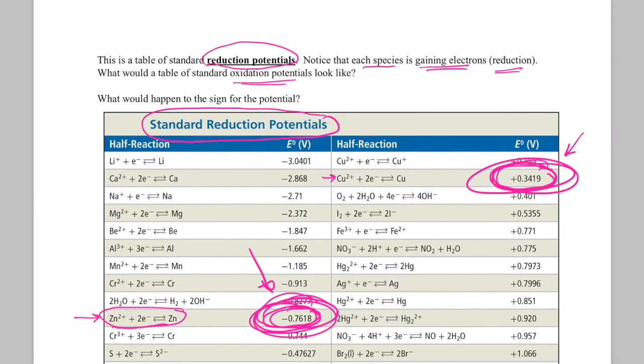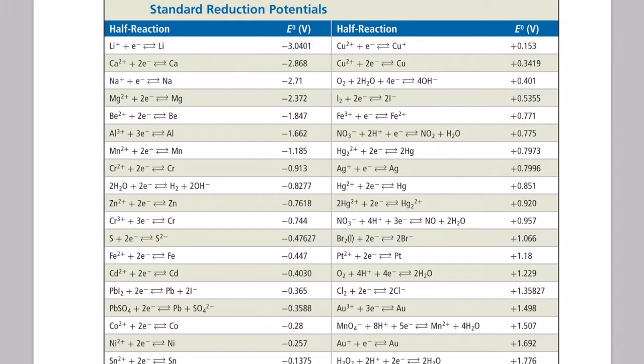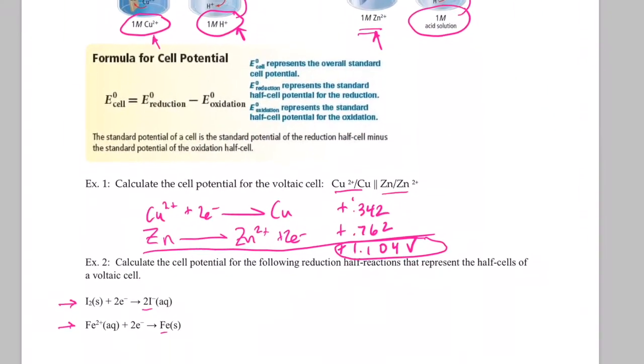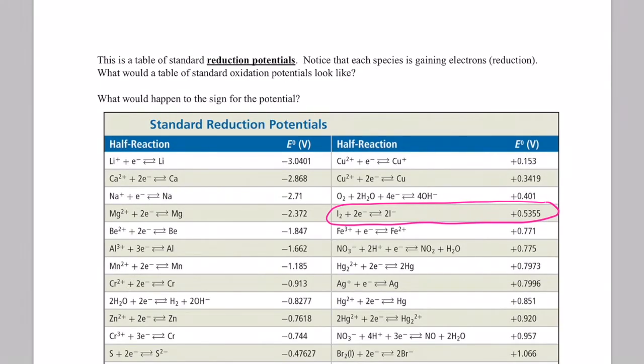So let's go to this page over here. Let's clear this up so it looks a little bit better. And let's find those two reactions. So we're looking for I2 gaining 2 electrons to become 2 I negatives. So let's see if we can find that. Here it is. All right, and the other reaction looks like it is Fe2+ gaining 2 electrons to become Fe.